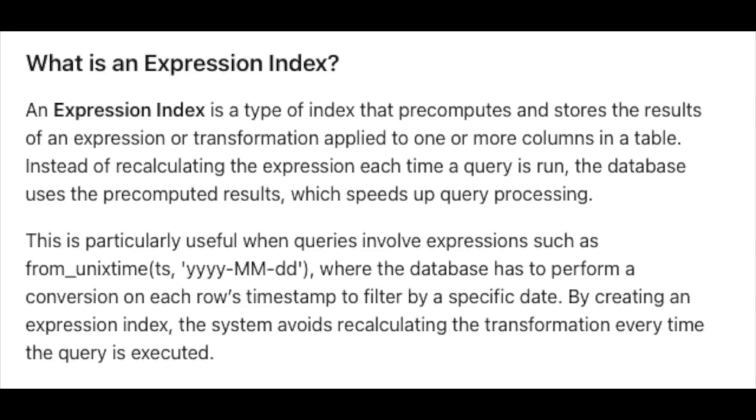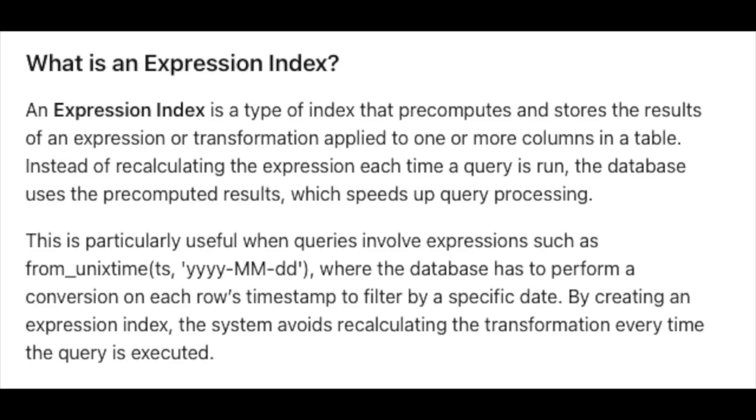All right, what is an expression index? An expression index is a type of index that pre-computes and stores the result of an expression or transformation applied to one or more columns in the table. Instead of recalculating the expression each time the query is run, the database uses the pre-computed result, which speeds up query processing.